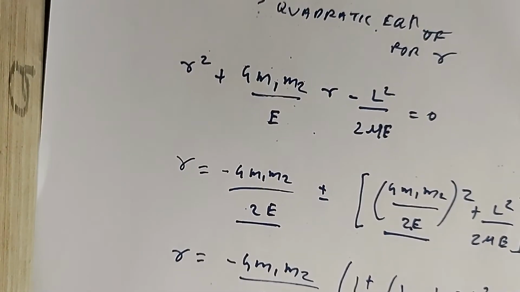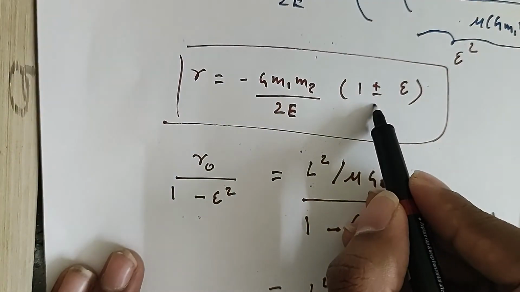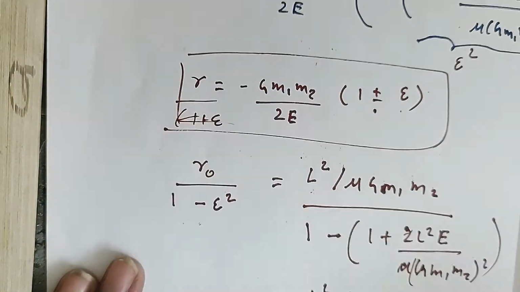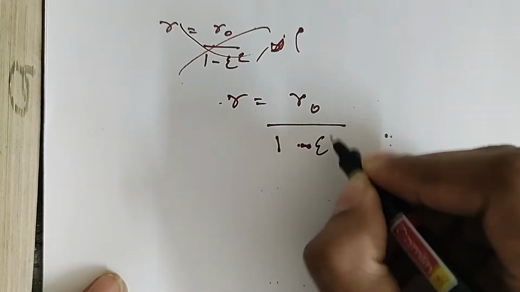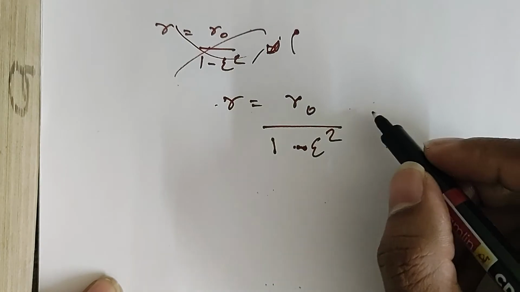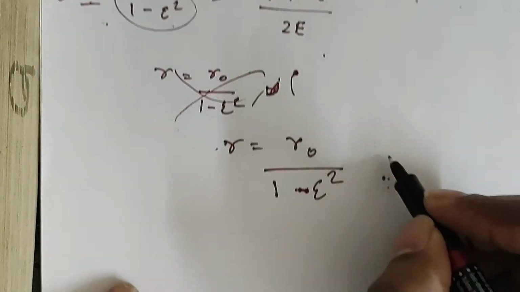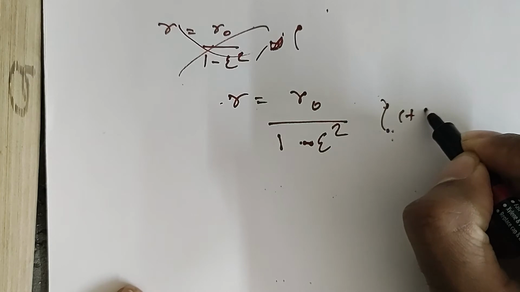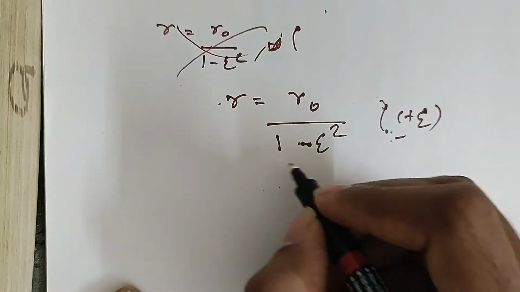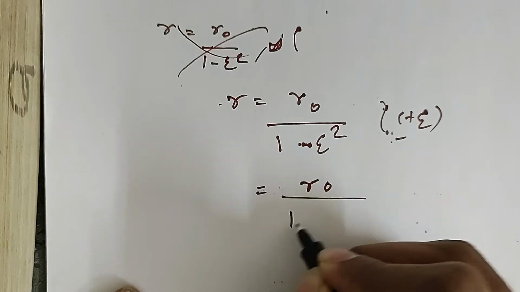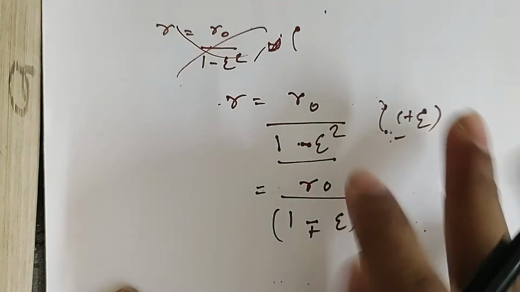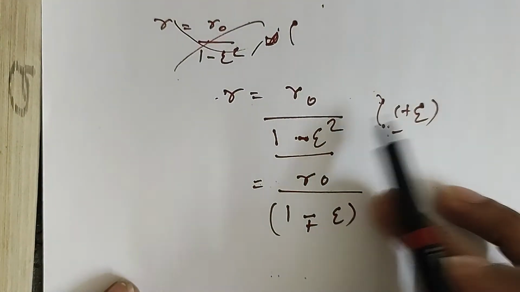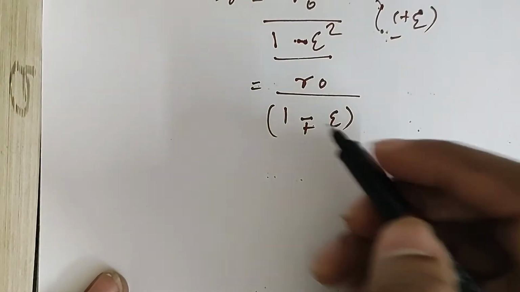Did I miss that factor? No, I don't miss this factor. Yeah, it's right. This particular equation would give me 1 plus minus epsilon, and further I can write this as 1 minus plus epsilon, because I can expand this term and cancel out this term, so I will be left with minus plus, not plus minus.